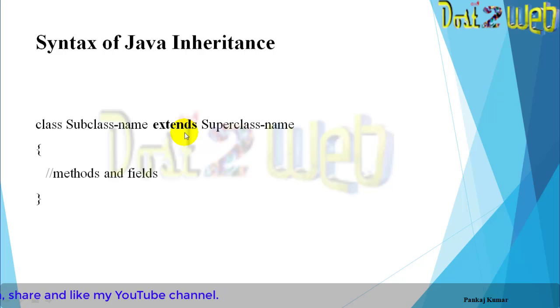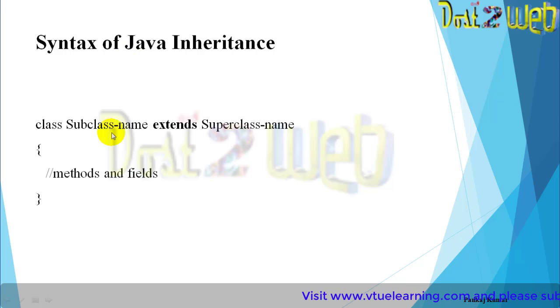So remember one more thing. In the exam, if they ask what is inheritance, or define inheritance, or explain the types of inheritance with a programming example, what are you going to do? Again I am repeating for everyone: please write what is inheritance and what is the use of inheritance. Then you must write the syntax.